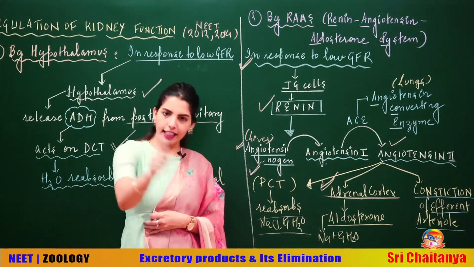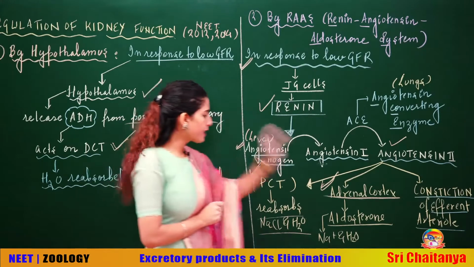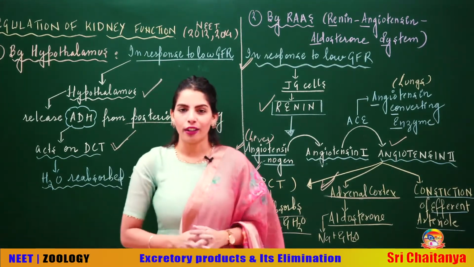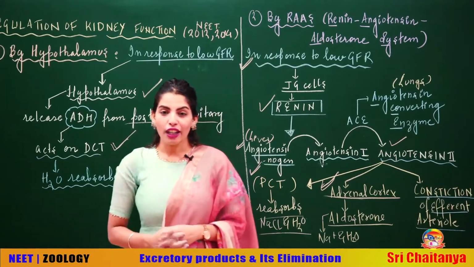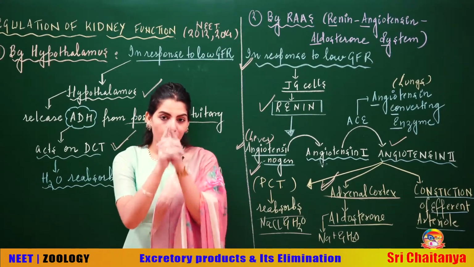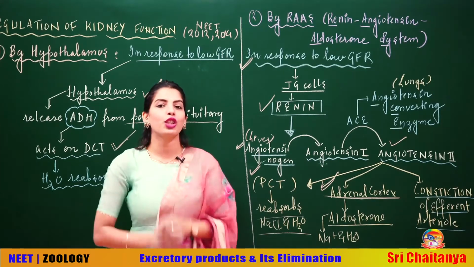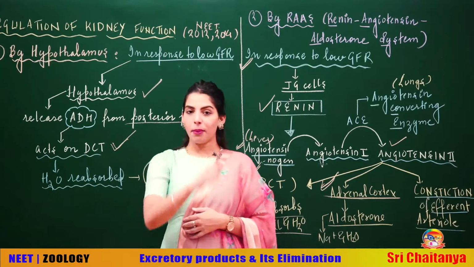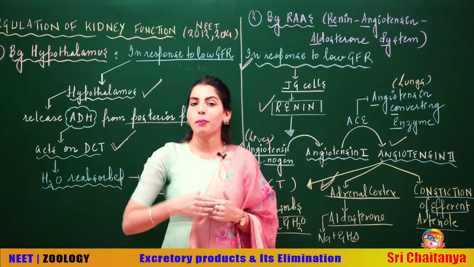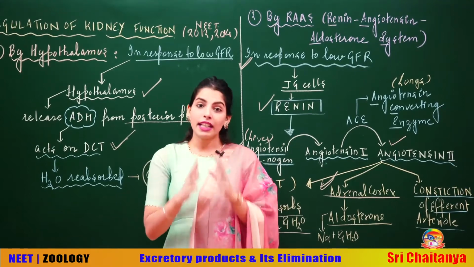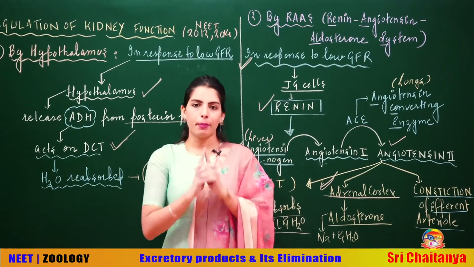Angiotensin 2 acts upon the adrenal cortex and guides it to produce aldosterone. This aldosterone is a mineralocorticoid, and I already discussed that when aldosterone acts upon the DCT, it is going to cause the reabsorption of Na plus, and the water is going to be passively reabsorbed. Again, GFR will be increased, which was our purpose.